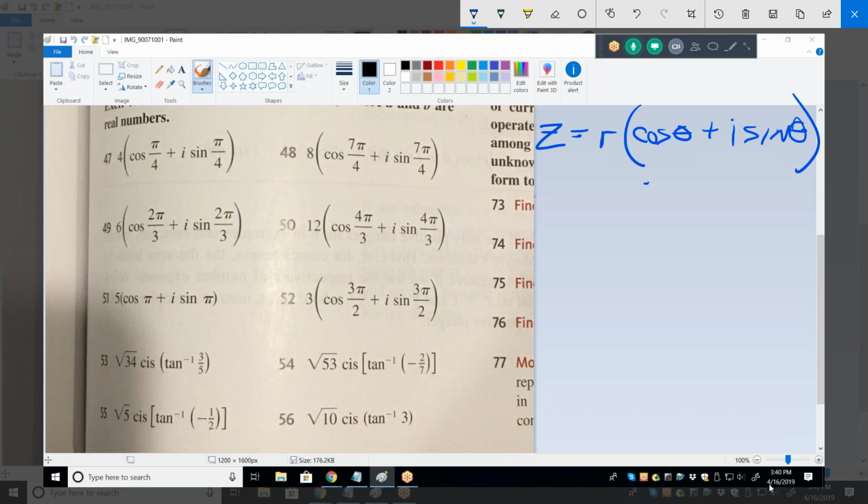This part of it is called cis. When you go down here and see that cis, what they mean is the cosine of theta plus i sine of theta. So it's just shorter notation rather than having to write it out like that. They shorten it to cis.